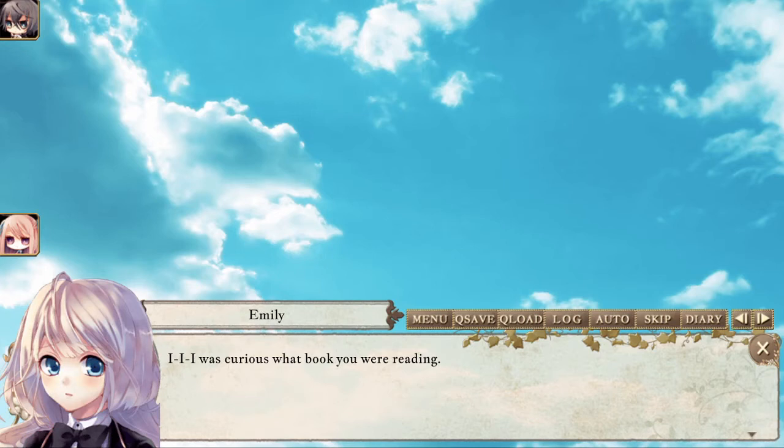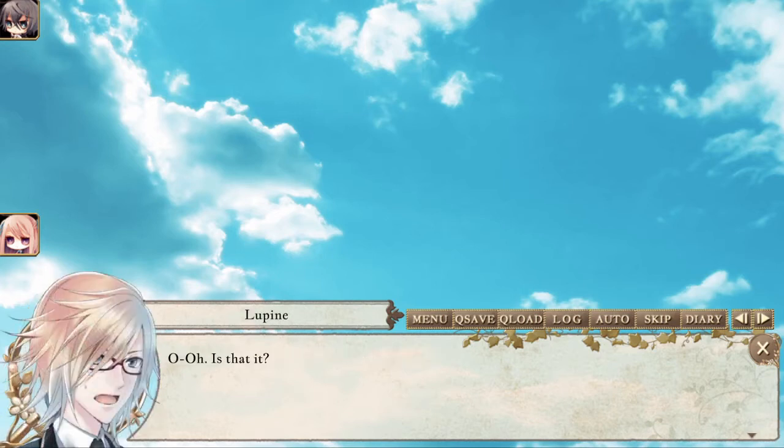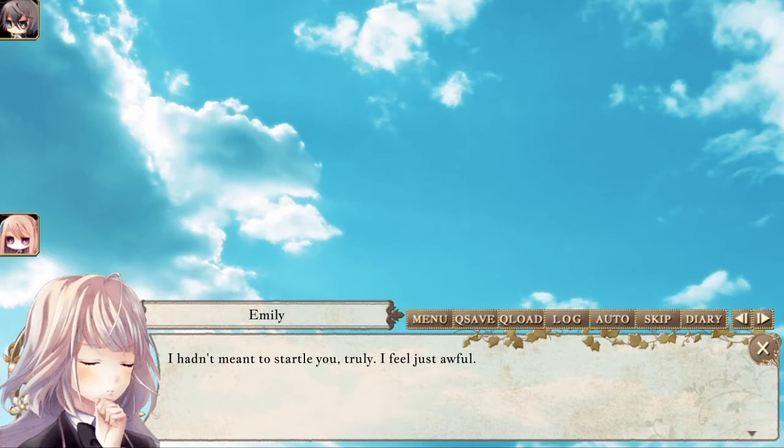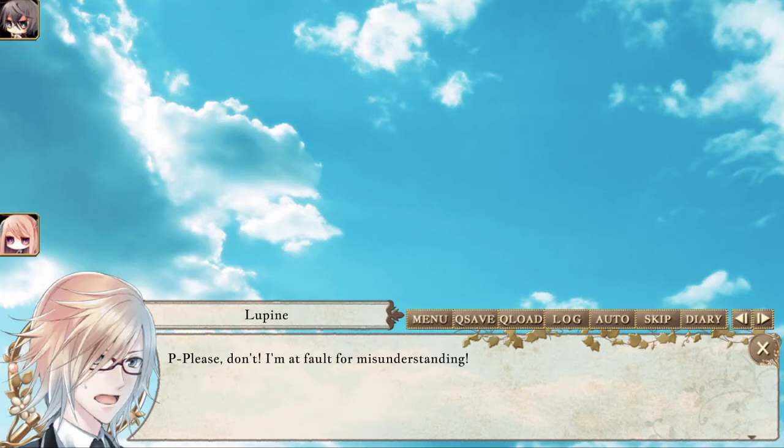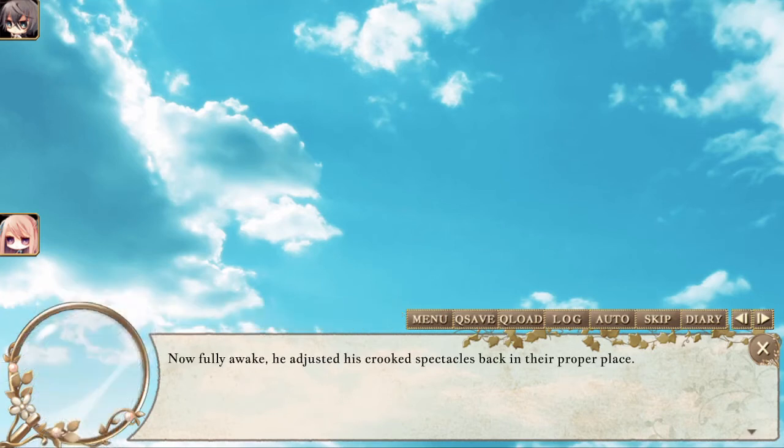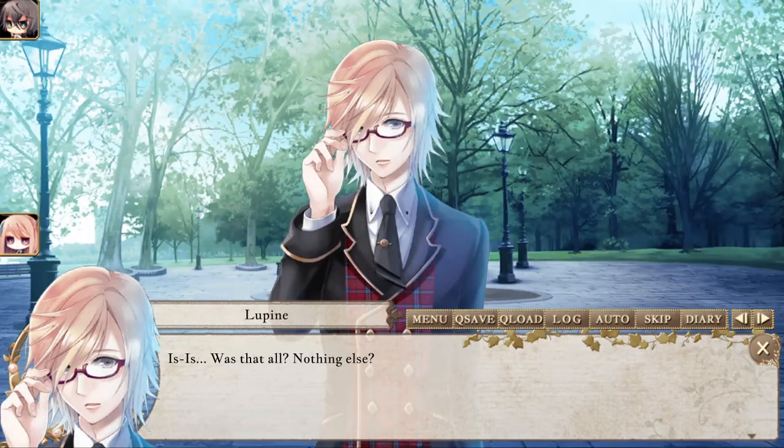I was curious what book you were reading. Oh, is that it? I hadn't meant to startle you, truly. I feel just awful. But please don't. I'm at fault for misunderstanding. Now fully awake, he adjusted his crooked spectacles back in their proper place. Was that all?